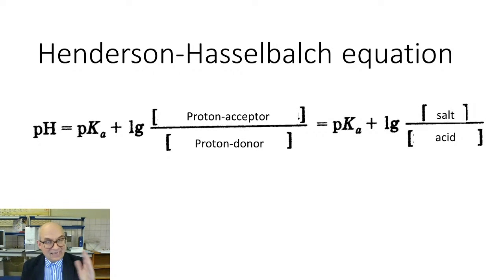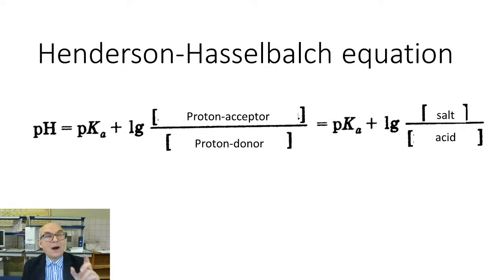So, in this case, the pH of any solution, and namely for a buffer, is one of the applications of the Henderson-Hasselbalch equation. So the pH is the sum of two parts. The first part is the value of the ionization constant exponent, pKa.